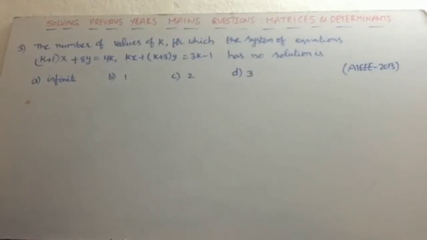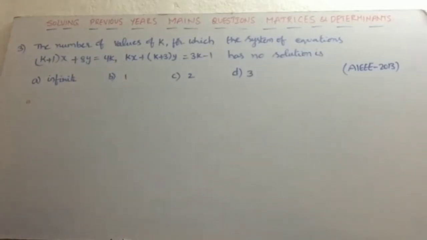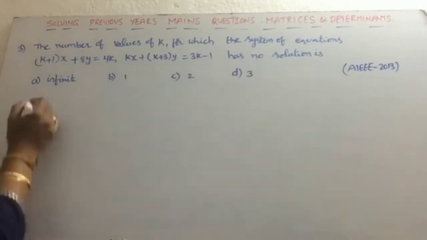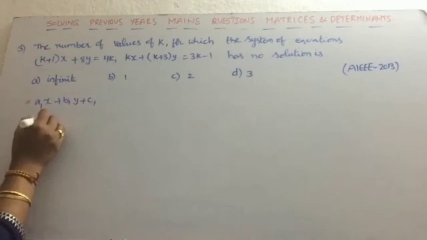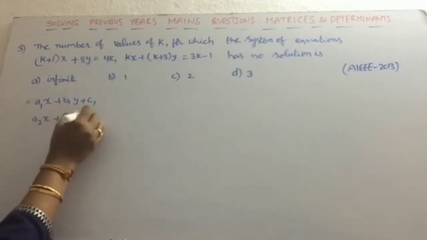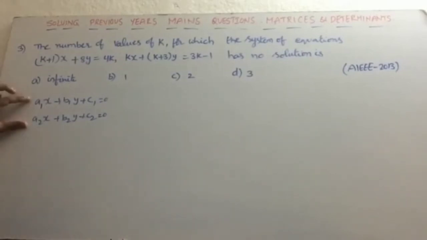In our previous classes, we have studied a pair of linear equations in two variables. We have no solution, intersection at a point, and parallel lines. Suppose a1x plus b1y plus c1 equals 0 and a2x plus b2y plus c2 equals 0 are two linear equations.